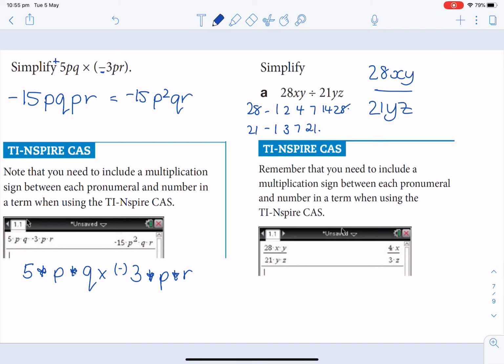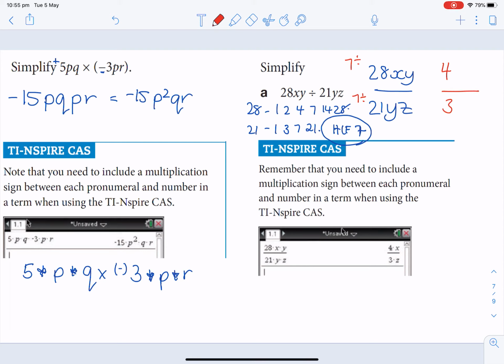Based on this, I can see the highest common factor is 7. So that's the largest number that goes into both 28 and 21. So if I was to divide 28 by 7, I would end up with the number 4. And if I was to divide 21 by 7, I would end up with 3.